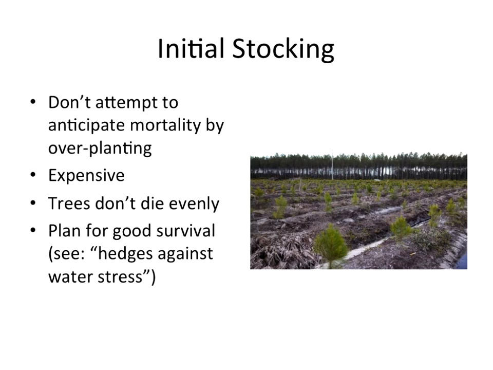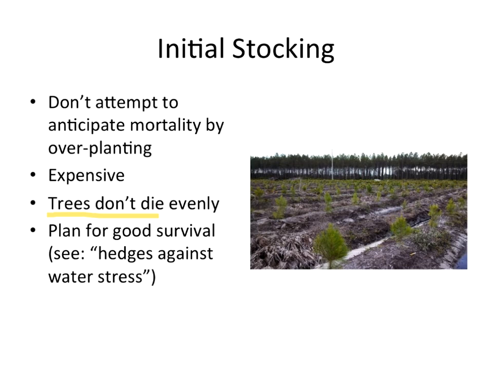I think at some point in the past, people in some cases planted more densely because they anticipated mortality. And I think that has gone by the wayside and is not a good idea. Seedlings are expensive. You don't want to be overplanting in anticipation of some of them dying. And even if that were to occur, trees don't die evenly.